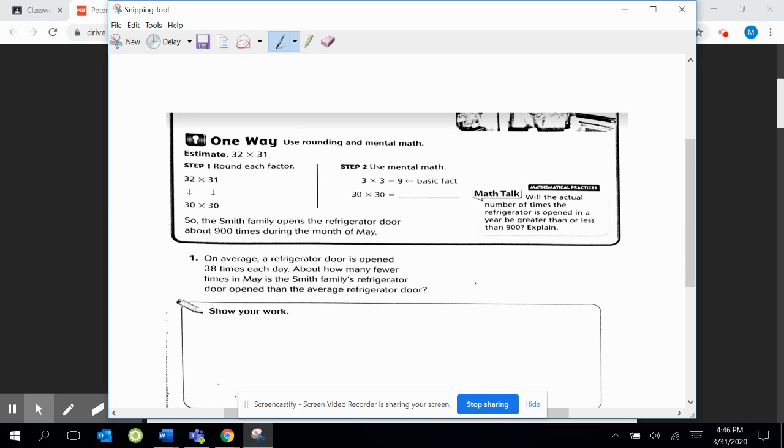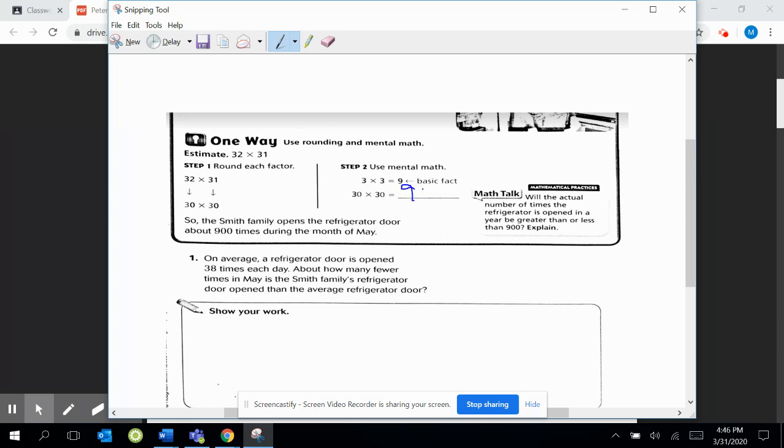And so this is one way that we can figure it out. Rounding and mental math. So if we look at 32 and 31, they both can be rounded to 30, right? That'll tell us about how much it is. So 30 times 30 would equal what?